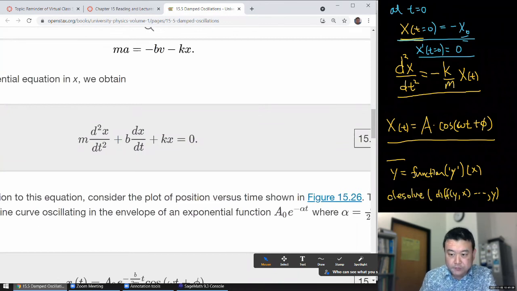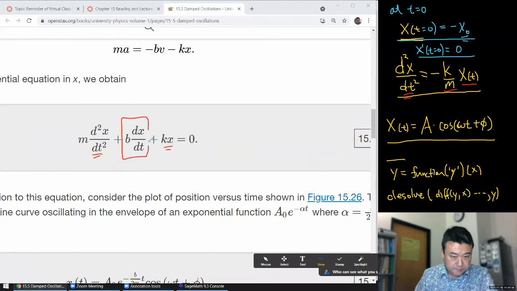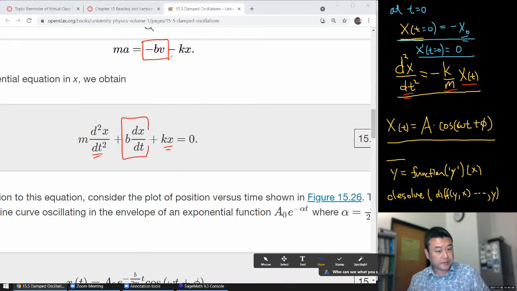So just before I erase my original equation of motion, this second order term, it's here. This term that goes linear with the function itself, that's here. So really the one new term here is this damping term. And that does come from this additional force that's providing the damping force.